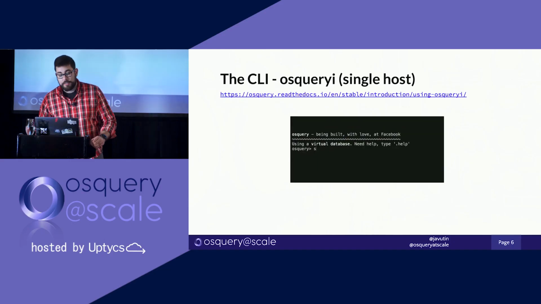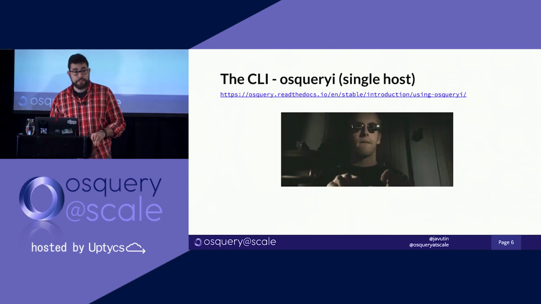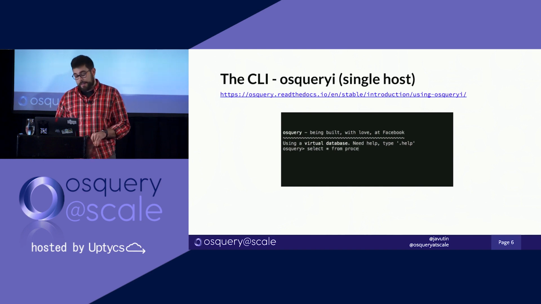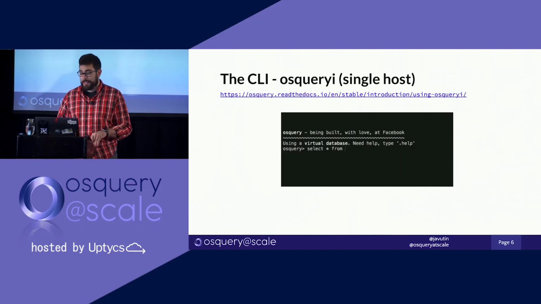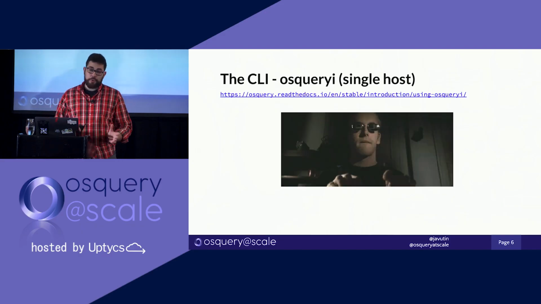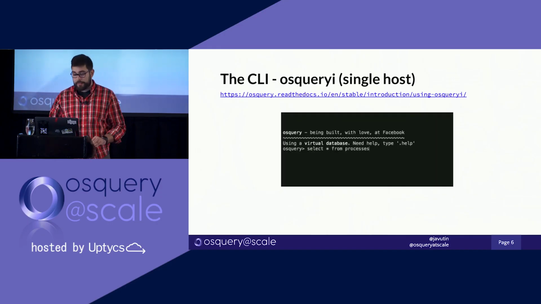It's also the tool of choice of a lot of hackers, as you can see here. This is just a joke from the very creation of osquery, but I really like this GIF. Anyway, osqueryi is the tool to run queries on a single host, mostly when you need to test things, queries, and all that.